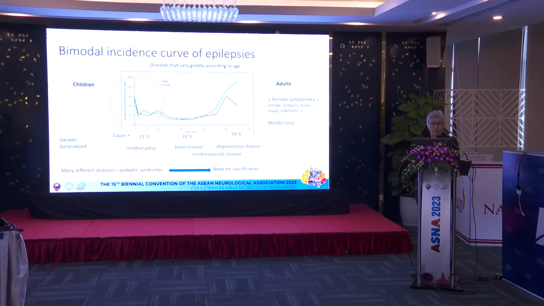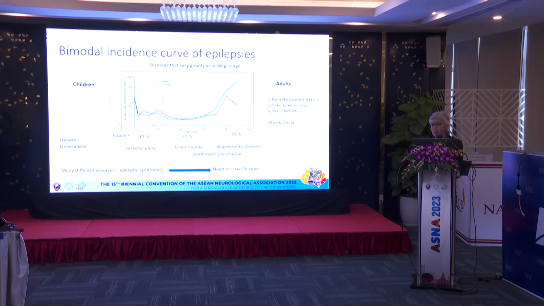You all know, I think, this bimodal incidence curve of epilepsies, with high incidence of new cases during childhood, quite a low incidence during adulthood, and then incidence going up in the elderly.